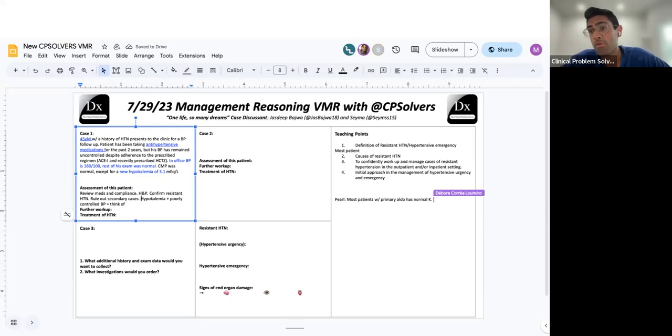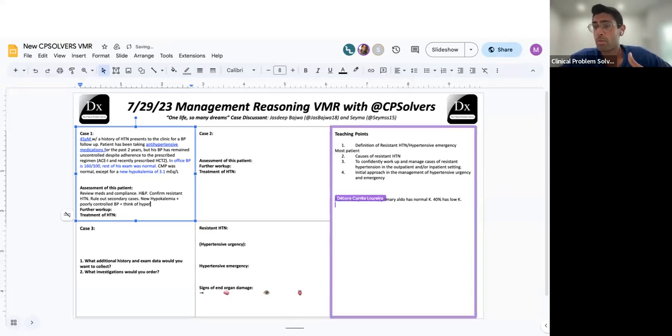In fact, this drop can be anywhere between 10 to 50%. You may argue that thiazide can cause hypokalemia. From clinical practice, thiazides typically don't drop your potassium by more than 0.2 to 0.5. If there's more than that, you may want to ask yourself, is there something else going on?